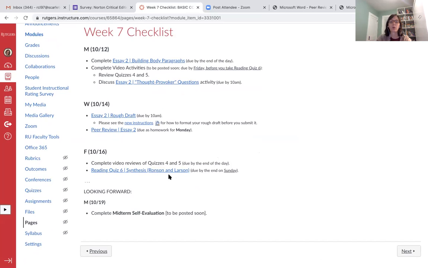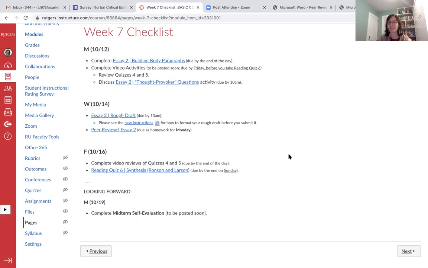And then what we'll do is the homework for Monday will be the reading quiz. So you'll have over the weekend to take that quiz. And so that will allow you time to think carefully about some of the sample responses we're going to take a look at. And that can help be part of your preparation for the synthesis quiz, where you'll be asked to put Ronson and Larson into conversation together.